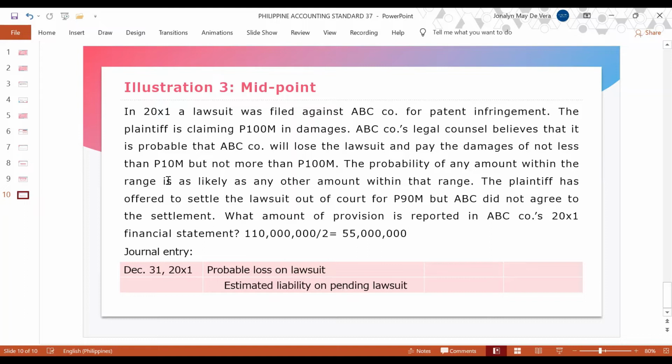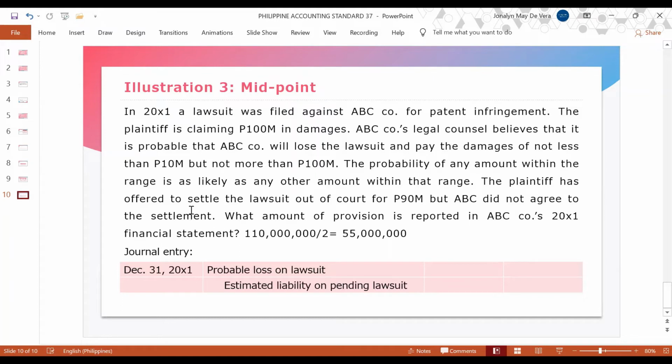The probability of any amount within the range is as likely as any other amount within that range. The plaintiff has offered to settle the lawsuit out of court for 90 million, but ABC did not agree to the settlement. What amount of provision is reported in ABC Company's 20x1 financial statement?